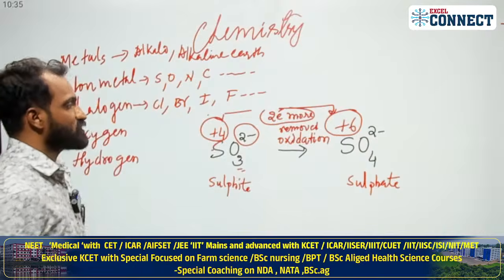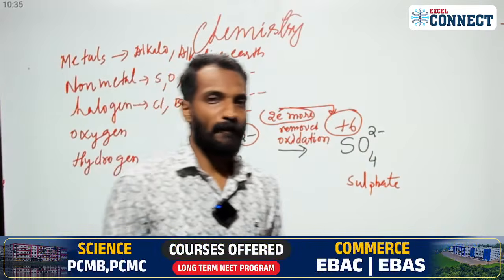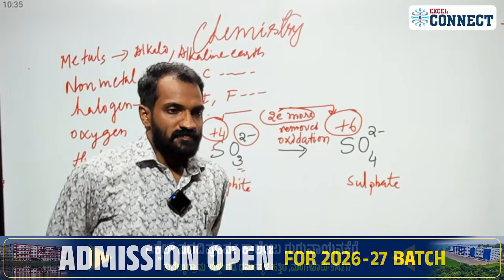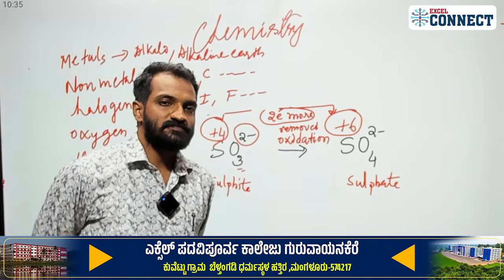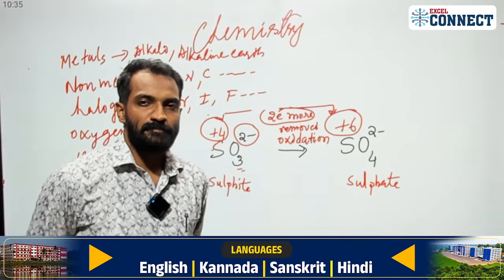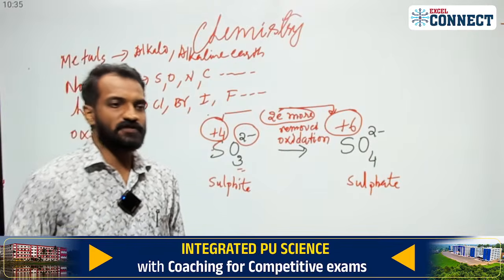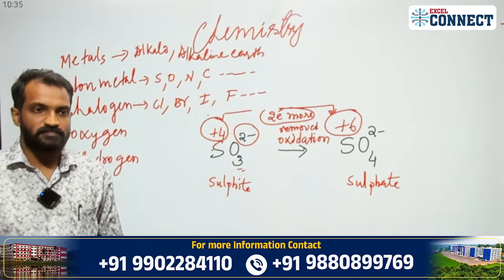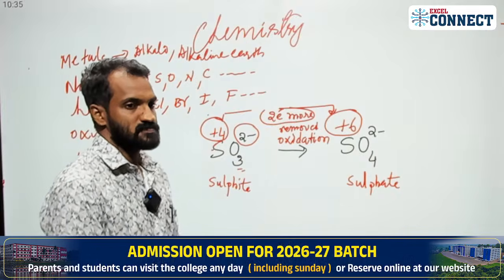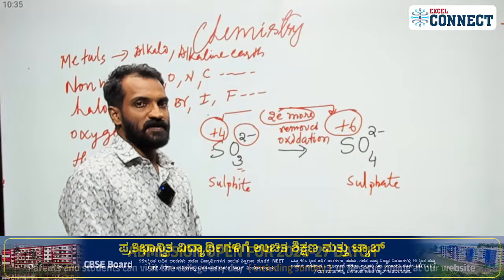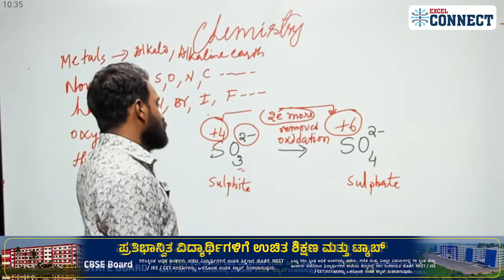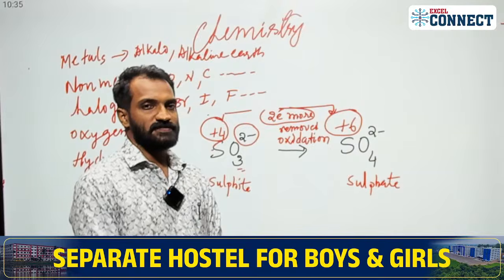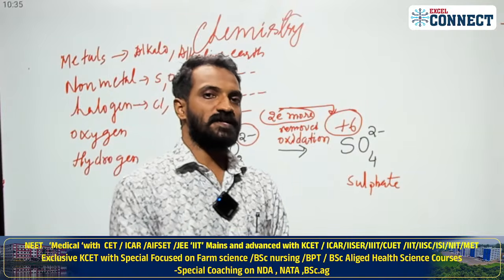Which side shortage of oxygen is there? This side, sulfite or sulfate? Tell me. Sulfite. Okay, Fadil. Sulfite side, shortage of oxygen is there. How many oxygen shortage is there on that side? How many number?